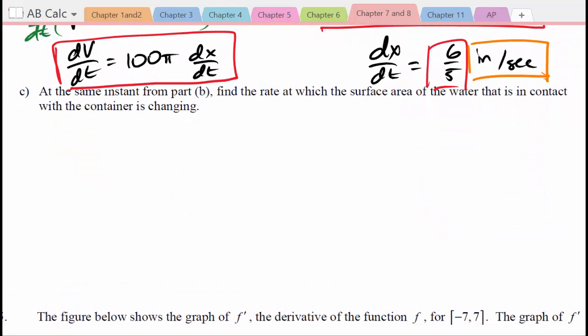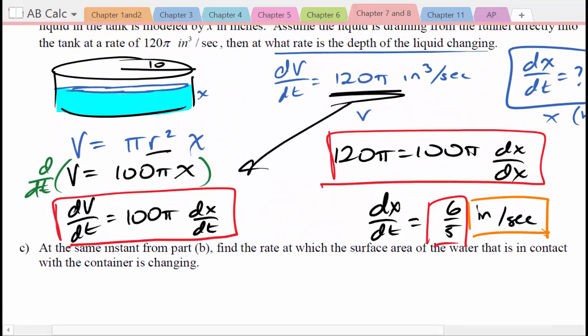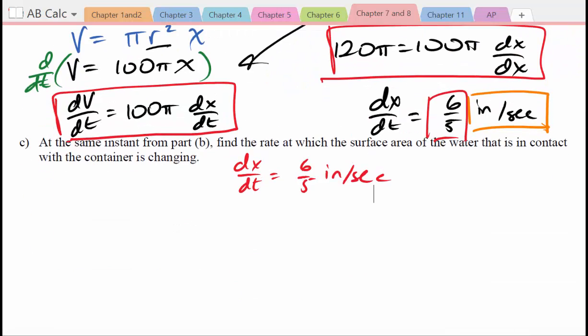Part C, at the same instant and from part B, so things that we know from part B is that the volume is not changing, and that dx/dt is 6/5 inches per second. At the same instant, at what rate is the surface area of the water changing that it's in contact? The only part of the water that's in contact are the walls plus the base.